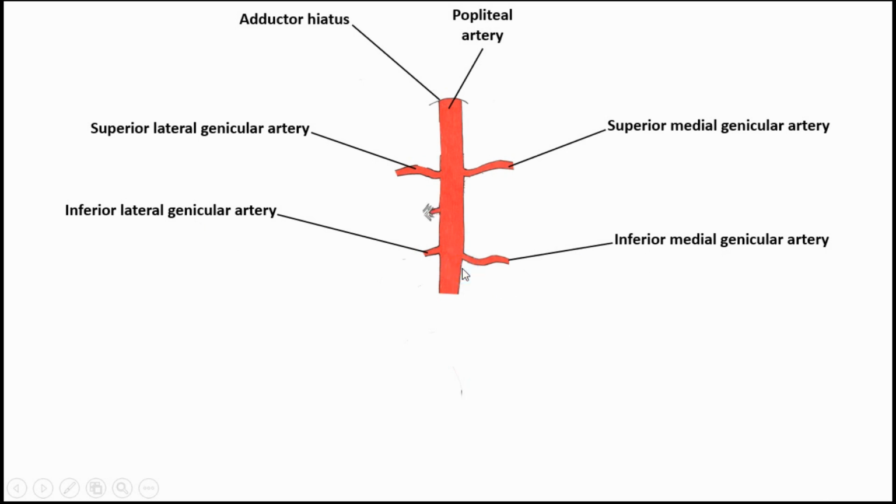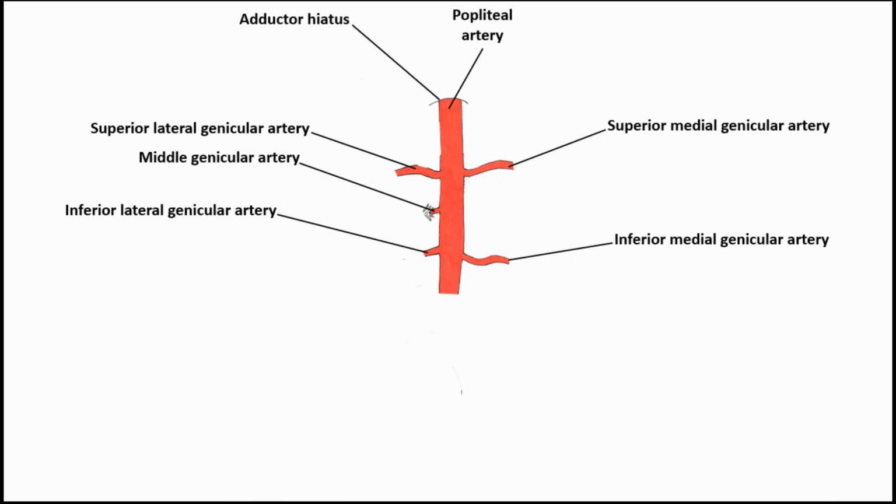They're going to form a significant anastomosis around here, but before we get to that, let's not forget the 5th member of the genicular group. Kind of an afterthought, kind of like the 5th Beatle, it's the middle genicular artery, which is going to perforate the posterior aspect of the knee joint capsule and supply structures within the joint capsule, like the synovial membrane and the internal ligaments and structures that are there.